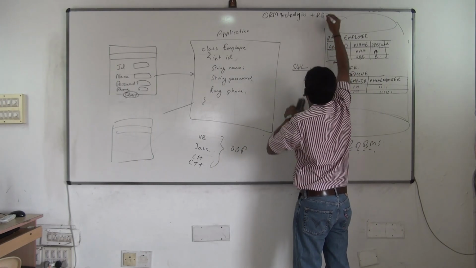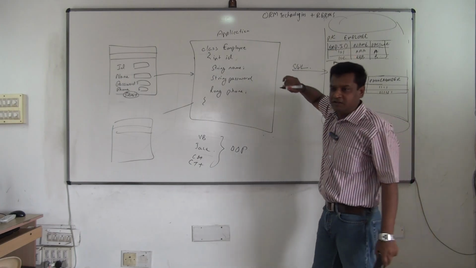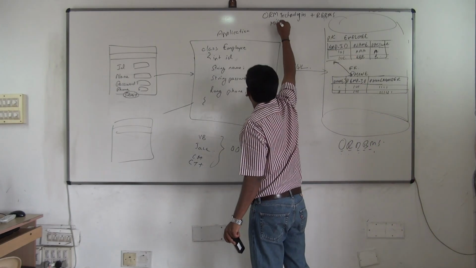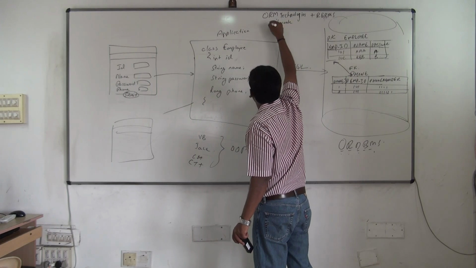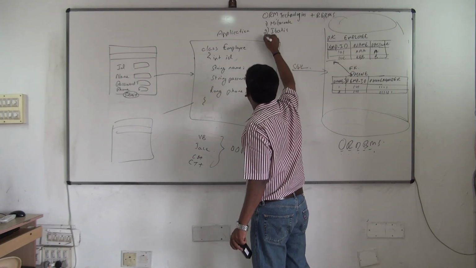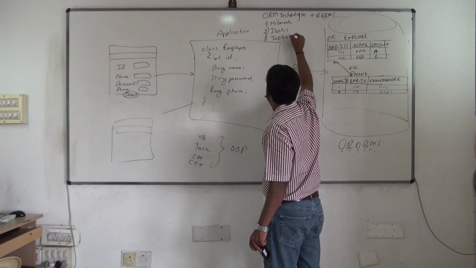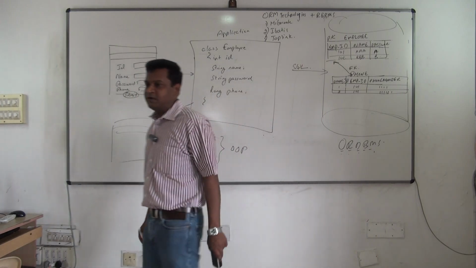RDBMS is Relational Database Management System. This is the combination we'll use. There are many ORM technologies, one of which, very popular, is Hibernate, and also iBatis. Many are there, all giving the same support. End of the day, you don't have to worry too much about this. They are all Java libraries.